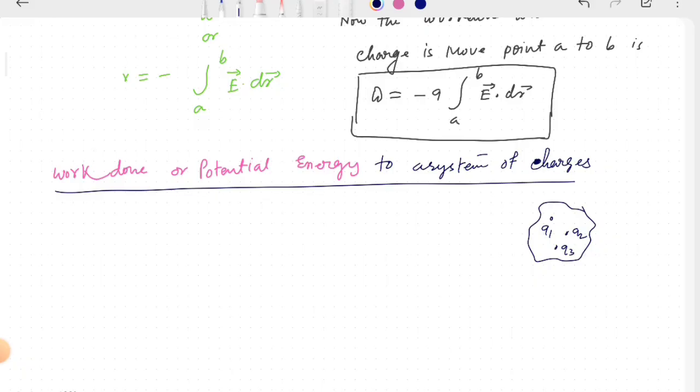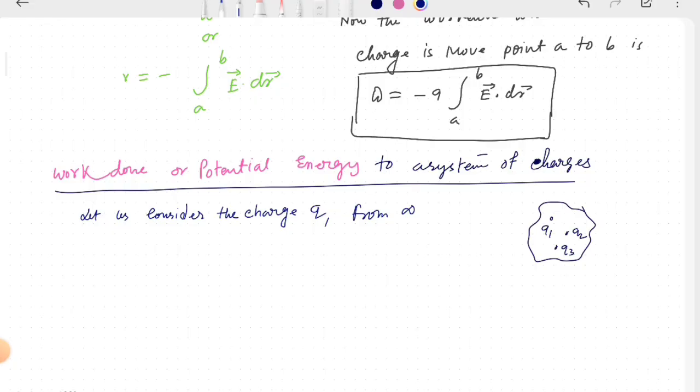Now we take a separate case for understanding purposes. Let us consider taking the charge Q1 from infinity.